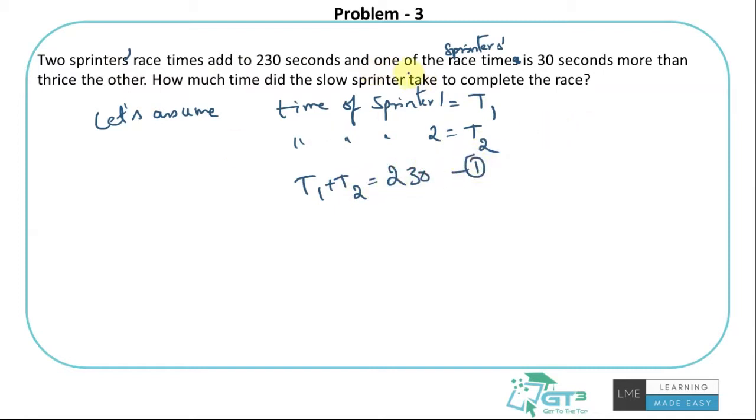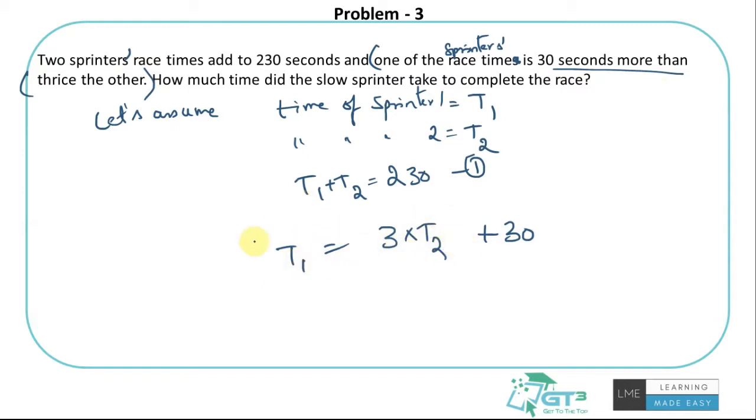Clear? And one of the sprinters' race time is 30 seconds more than thrice the other. So one of the sprinters' times, I don't know which one it is, let me assume that is T1. Even if I take T2 or T1, we get the same values. T1 is 30 seconds more than thrice the other, and the other is T2.